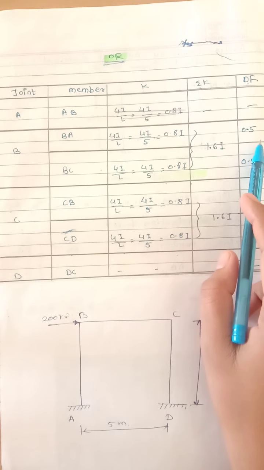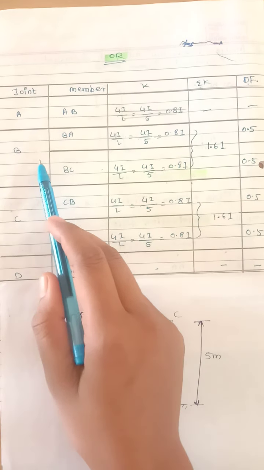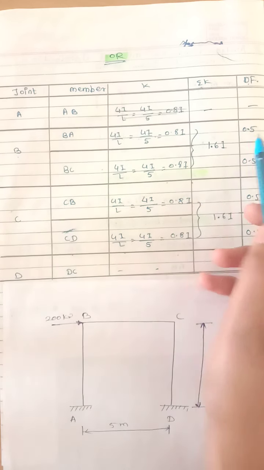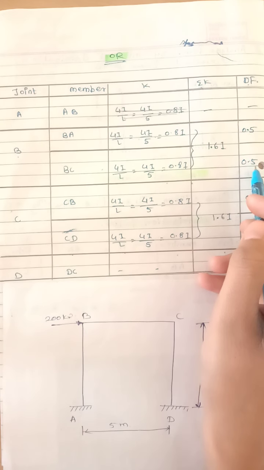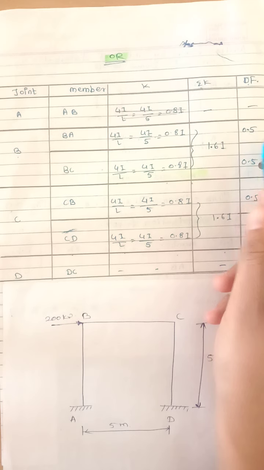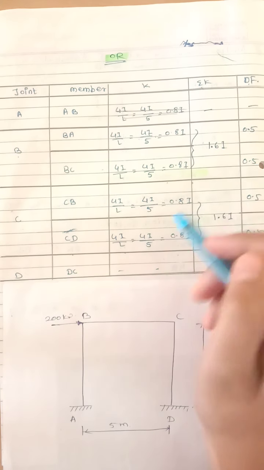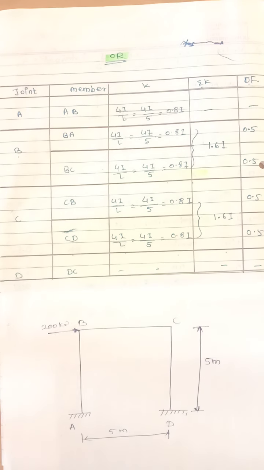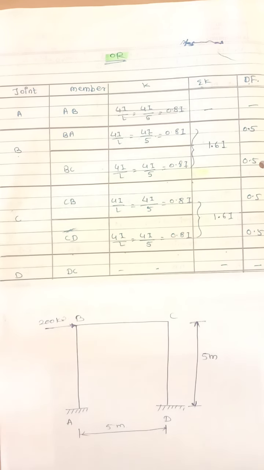Here we get a check for the distribution factor at joint B: at an intermediate joint, the addition of distribution factors is equal to 1, that is 0.5 plus 0.5 is 1. The next step is to find the moment distribution table.